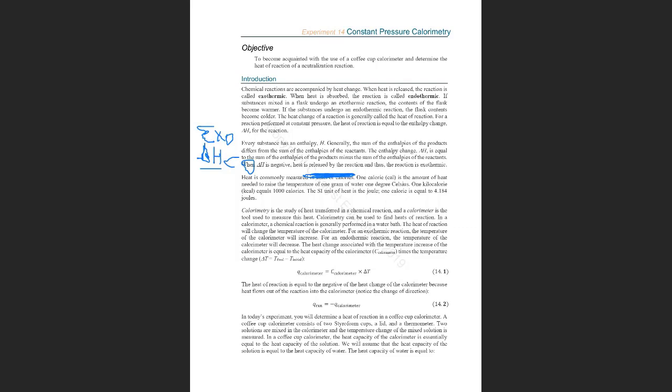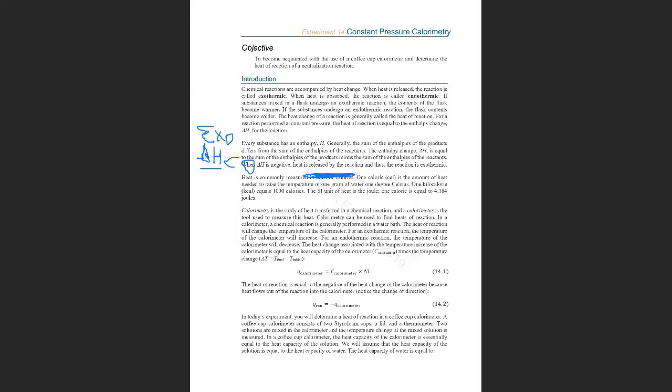And then what else are they giving us in the introduction? The units. What are the units that we use? Usually there are three different ones. Basically, a calorie is the amount of heat that we need to raise the temperature of water by 1 degree Celsius.